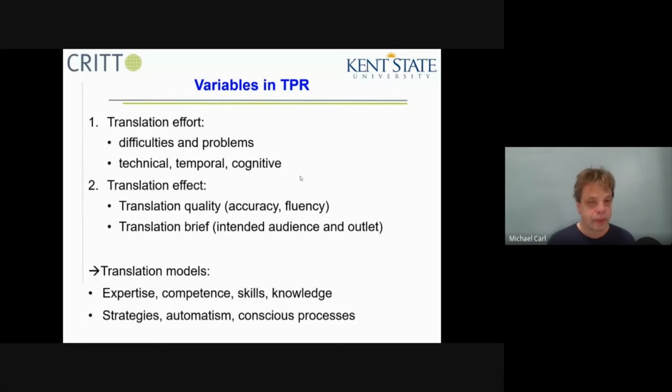Then we have temporal: how long does it take? One just needs to look at the watch. So technical and temporal effort is easy to assess just by measuring the number of keystrokes and by measuring the time. Cognitive effort relates to how difficult this translation is for a translator, how many cognitive resources are used.